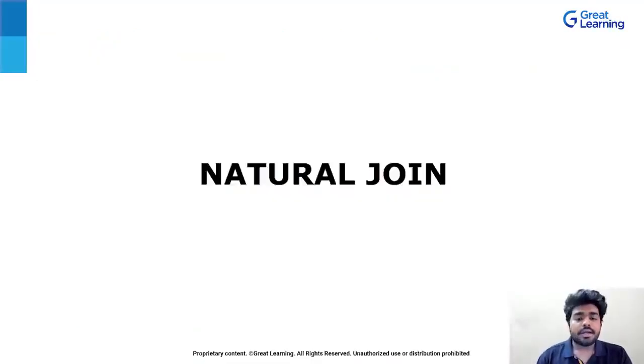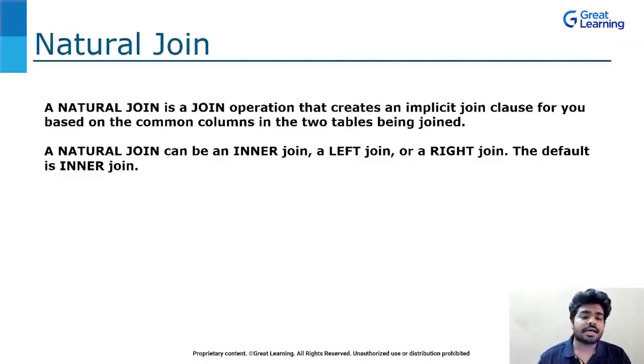Now we come to a new topic, which is natural join. Understand what natural join is, because I did not explain it in the diagrammatic representation. Natural join is a join operation that creates an implicit join clause for you based on the common columns in the two tables being joined.